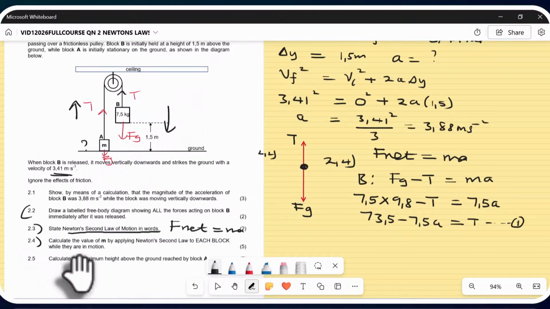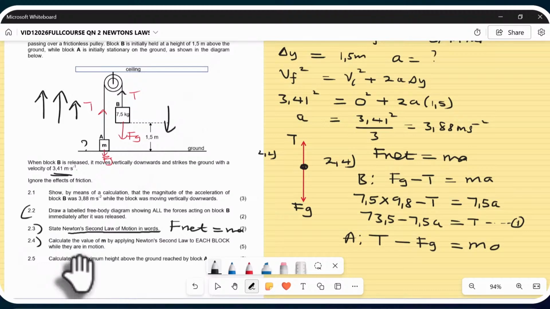Now, those of you who wonder how I get my equations, like here, you see the block was going up. If the block was going up, the forces which are pulling upwards are going to be positive. The forces downwards are going to be negative. That's why I have the T minus Fg here. That's how I get it. So let us now substitute.